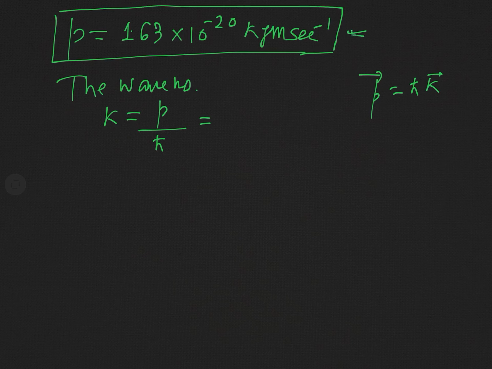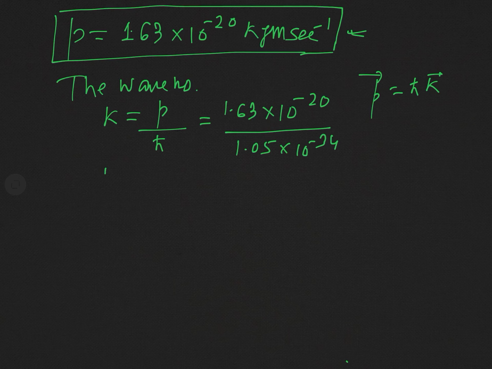Now let us substitute the value of p which we have obtained for a neutron of 1 mega electron volt energy. We have calculated that this value is 1.63 into 10 to the power minus 20 kg meter per second, and h cross, the reduced Planck's constant, has a value of 1.05 into 10 to the power minus 34 joule second.